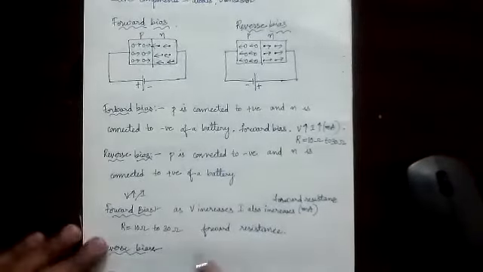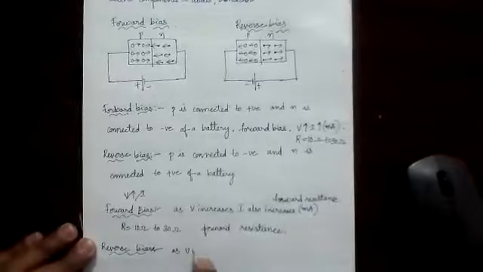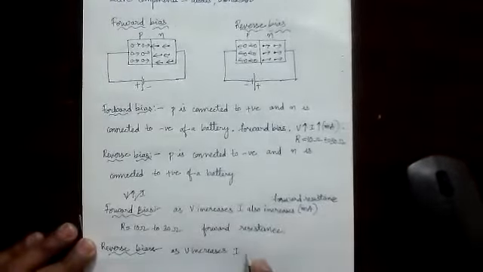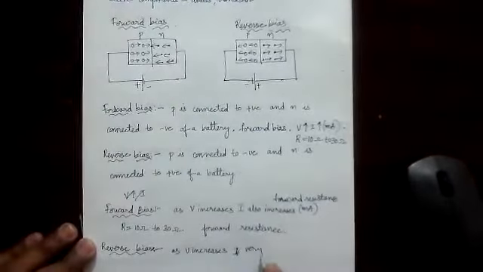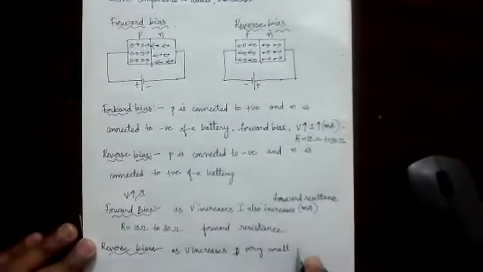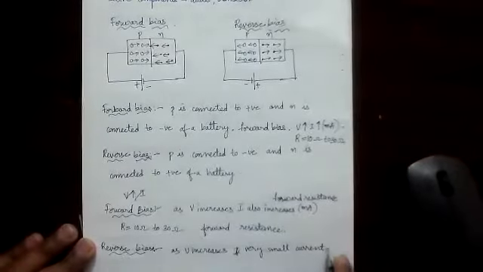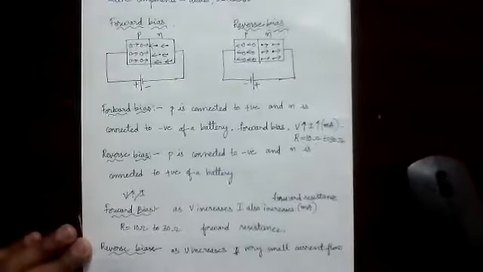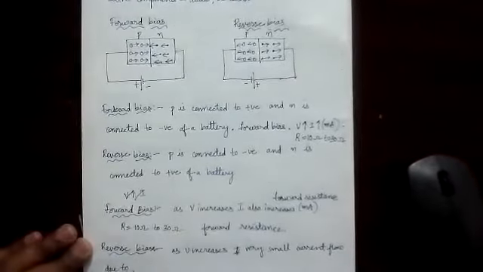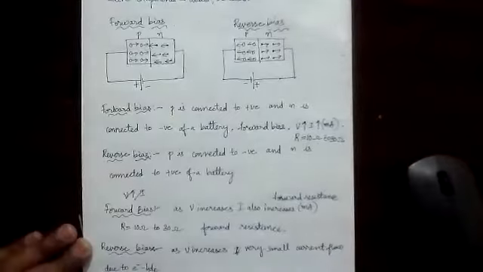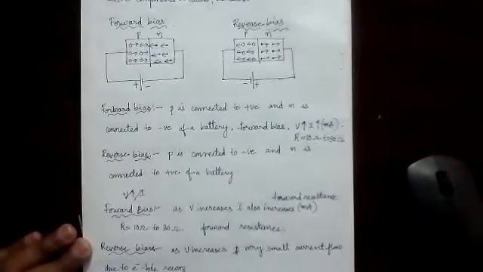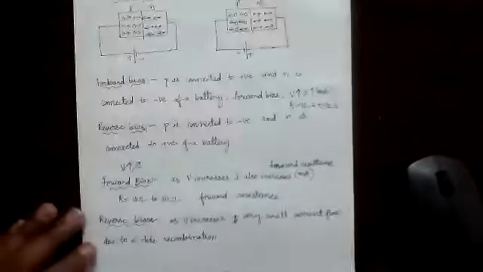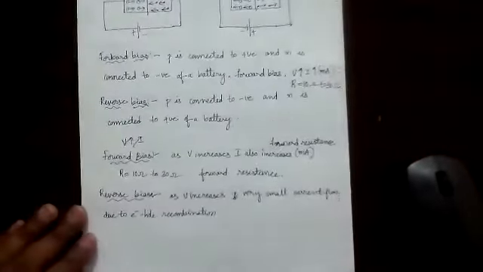As V increases, a very small current flows due to electron-hole recombination.